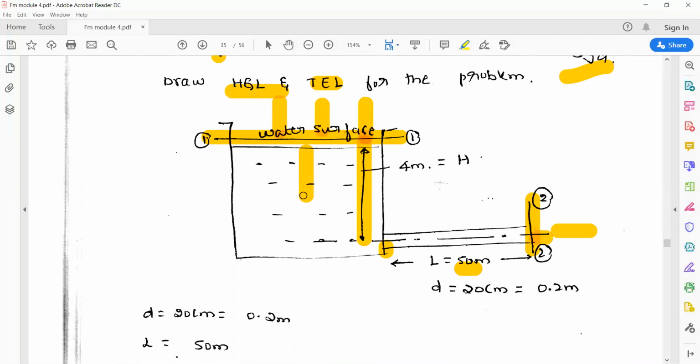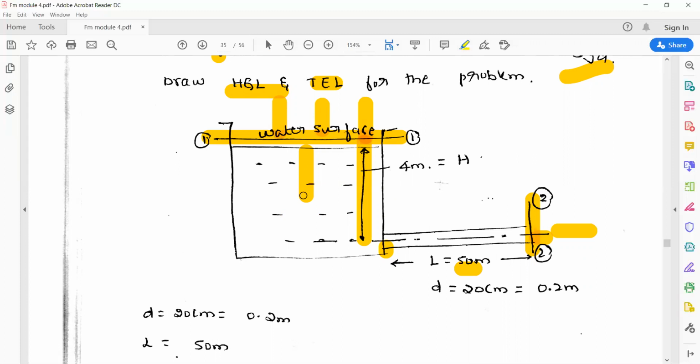So the velocity in the tank is almost negligible in comparison with the velocity of water through the pipe. That's why V1 has become 0.